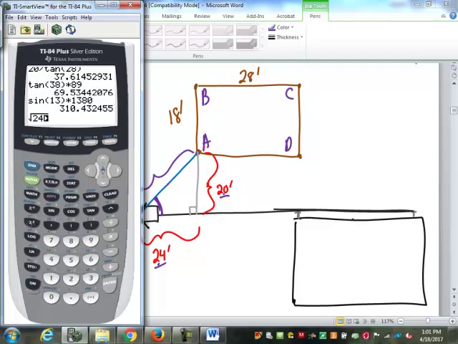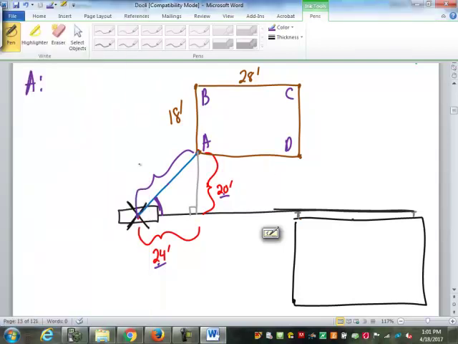So I'm going to cut some corners here. The square root of 24 squared plus 20 squared equals 31.24. So A is at 31.24 feet at a direction of whatever this angle is. Well, this is the opposite side and this is the adjacent side, right?